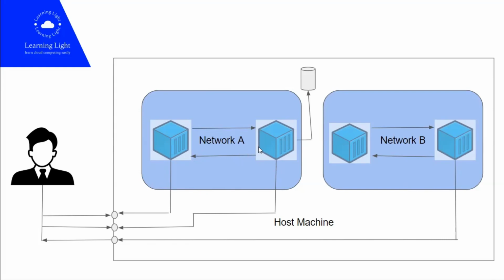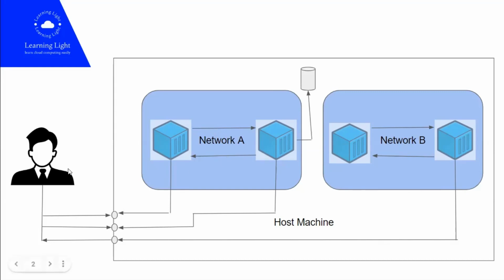For example, these 2 containers belong to network A, and these 2 containers belong to network B. Now, within network A, both of these containers can communicate. They can talk to each other, but they cannot talk to the containers in a different network. In this way, we can isolate these networks and isolate the communications and how they can communicate with each other.